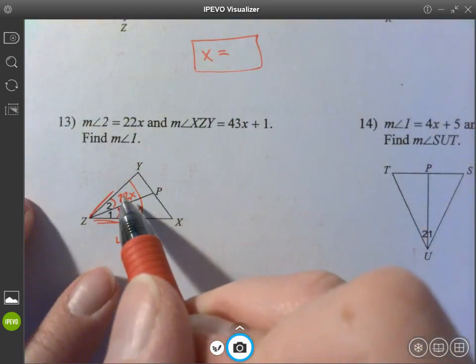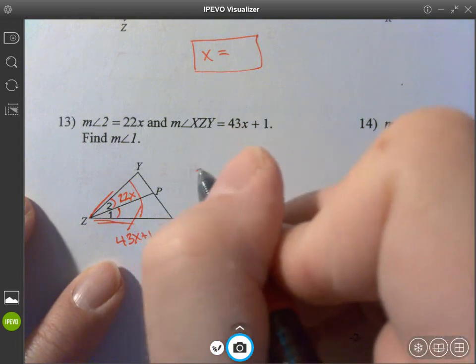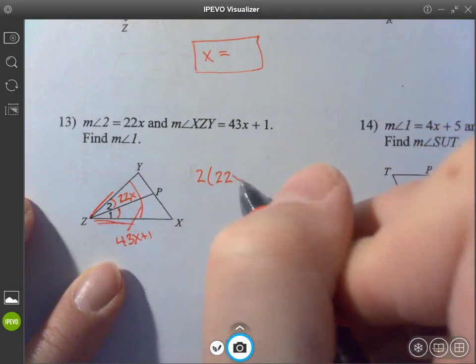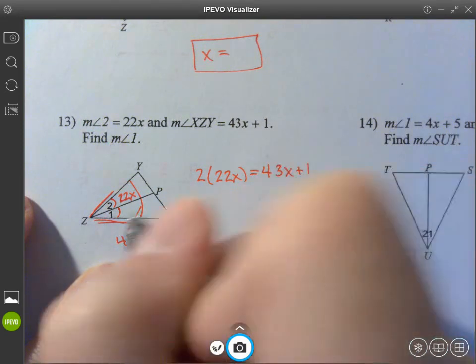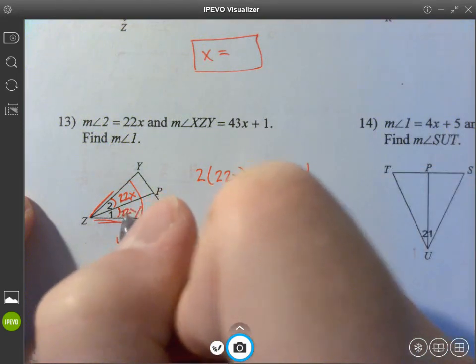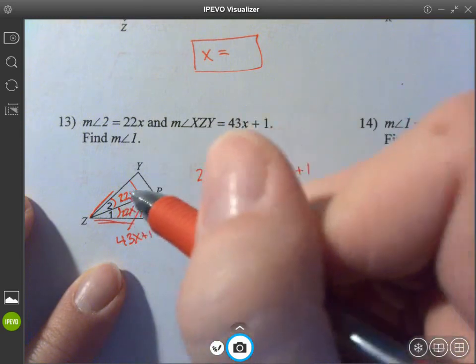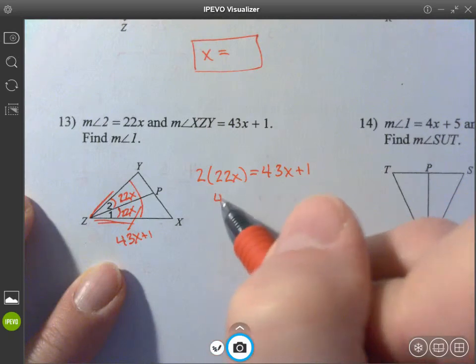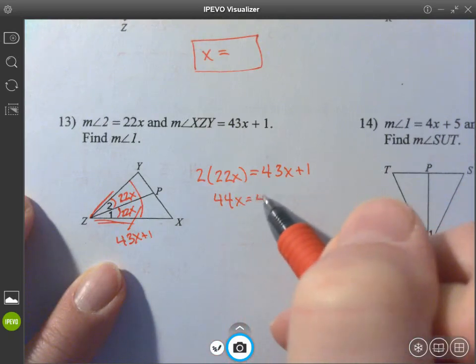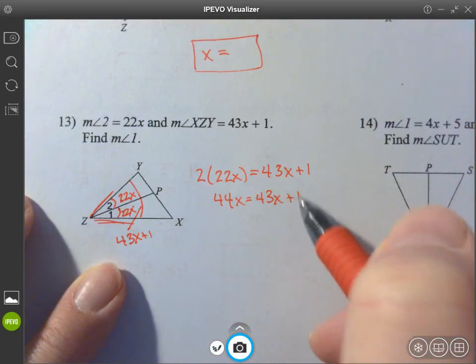Guys, you can't set 22x equal to this. 2 of the 22x's equals 43x plus 1, because both of these are 22x. So if I double the one angle, I get the whole angle. So that would be 44x equals 43x plus 1.